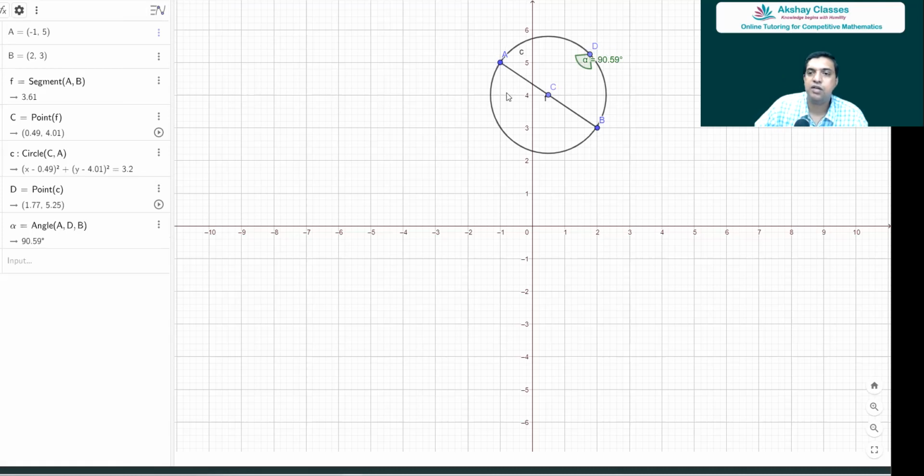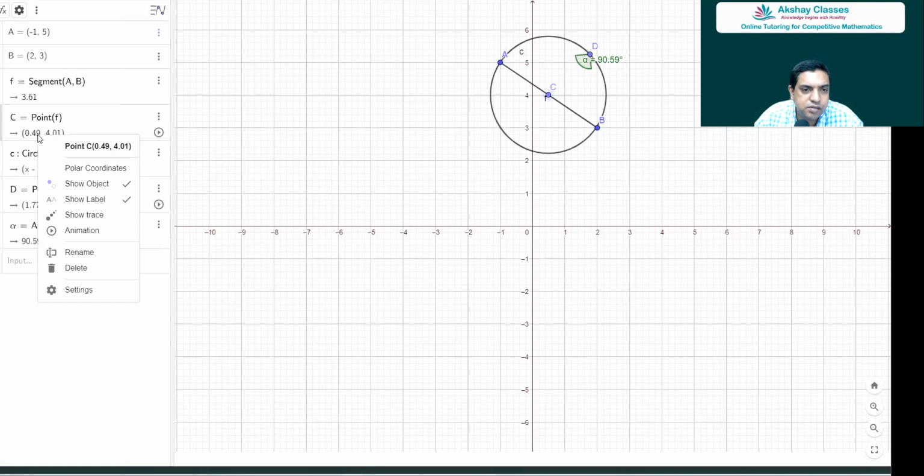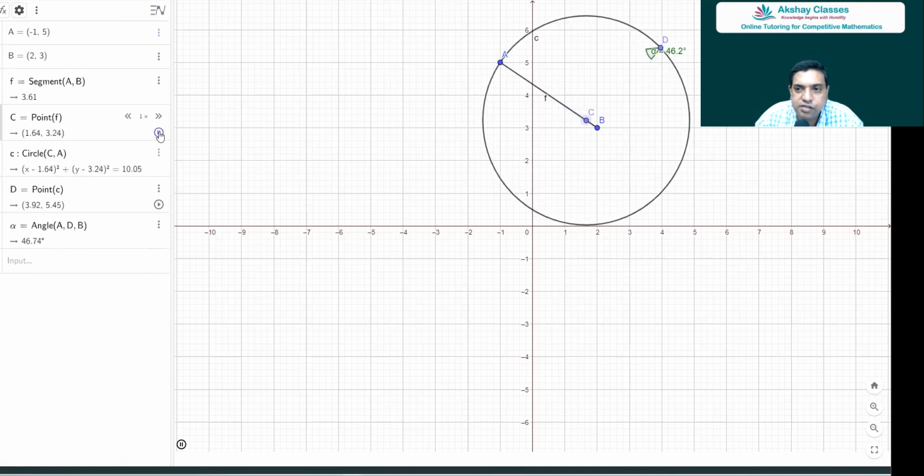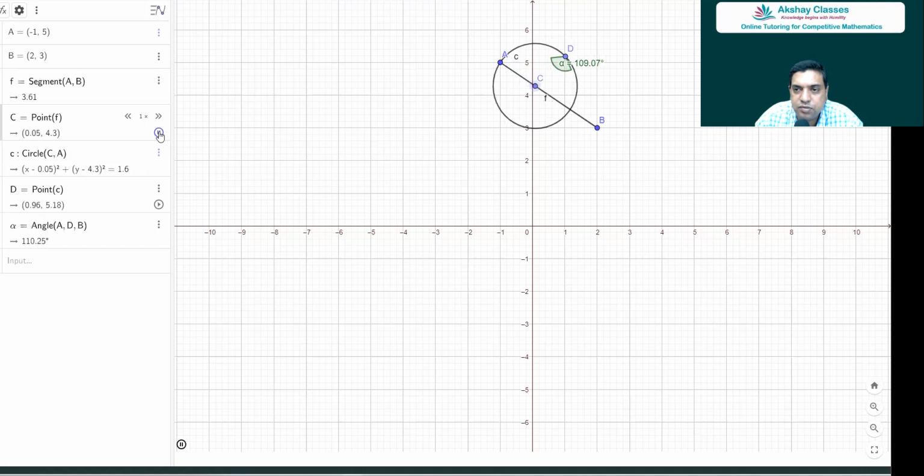Of course, a little error is there because the center is slightly off. If the center were to change, the point will change.